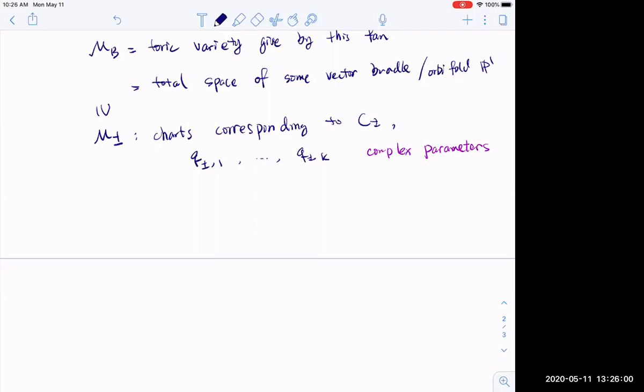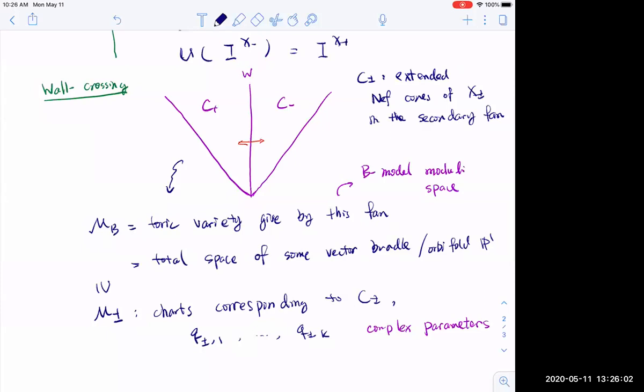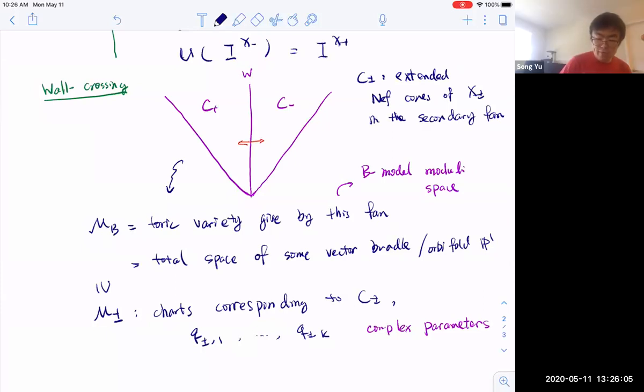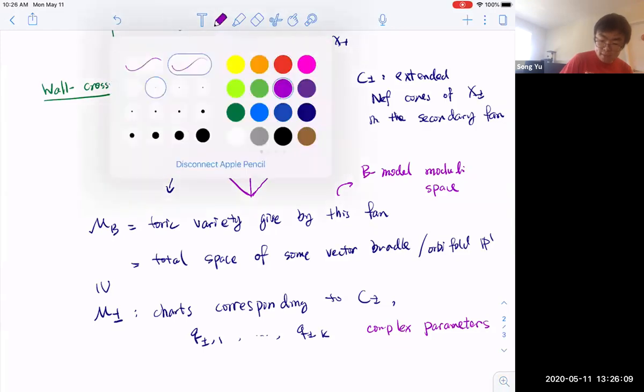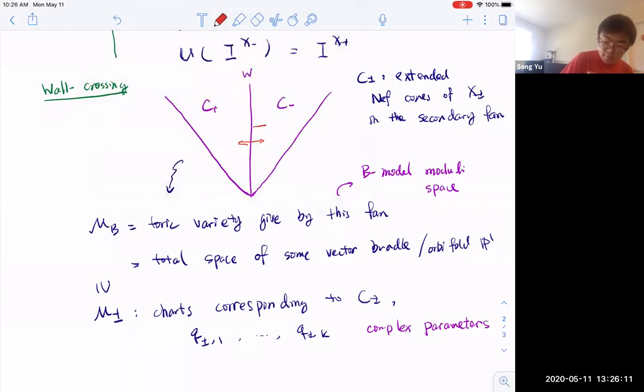I can see it's a toric variety, but why is it a bundle? Yeah, so if you take some vector E which is perpendicular to W, and then you project to the direction of E, the images of the cones will become a complete fan in a one-dimensional space.